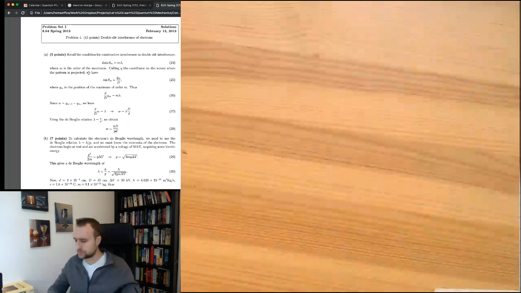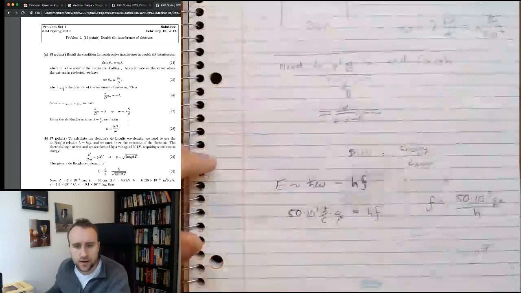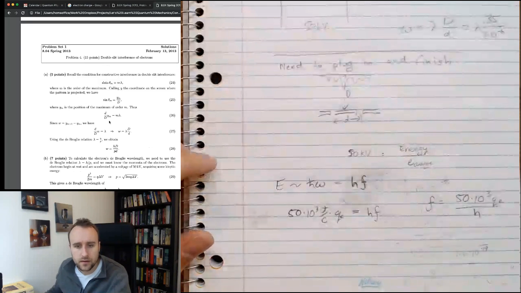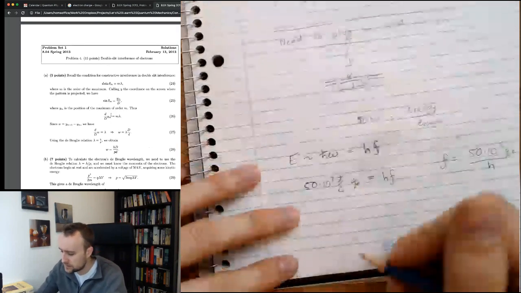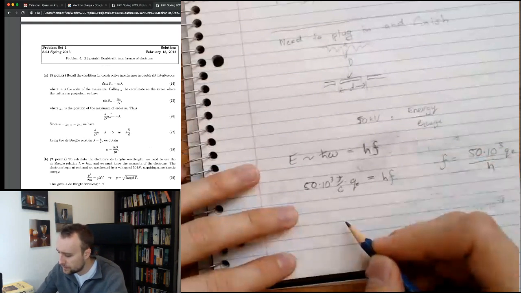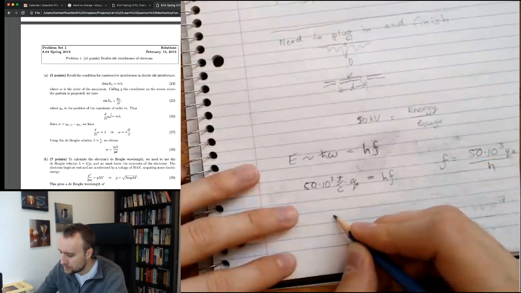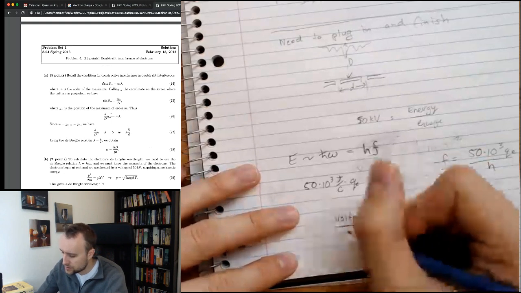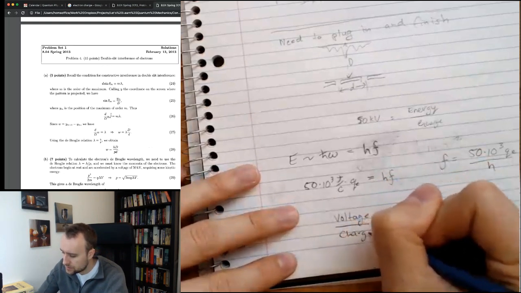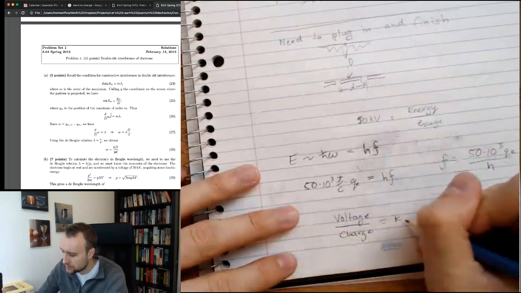So let's just try this again here. Now that we have a little bit of a hint, let's just try this again. I'm just going to scroll this up so I'm not looking too much at it. So what did I say? I said that the voltage divided by the charge is equal to the kinetic energy.